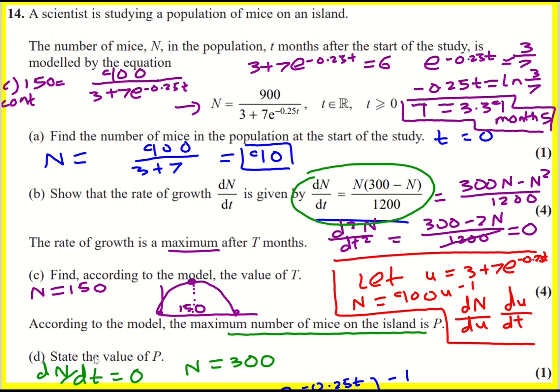Now the answers say 299 or 300. And I think it's getting at the fact that it's going to converge towards 300. So we're never quite going to get that actual maximum.